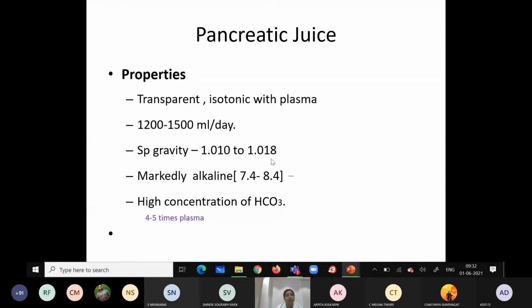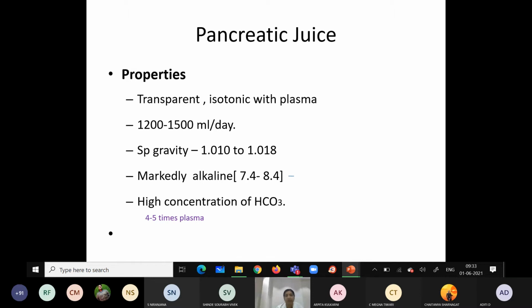Now remember, if a question is asked, like describe or discuss pancreatic juice, its composition and regulation, whenever you write the composition of any juice, first these points must come: its color, right, its tonicity, how much quantity of the juice is secreted per day, what is the specific gravity of the juice, and what is the pH of that juice.